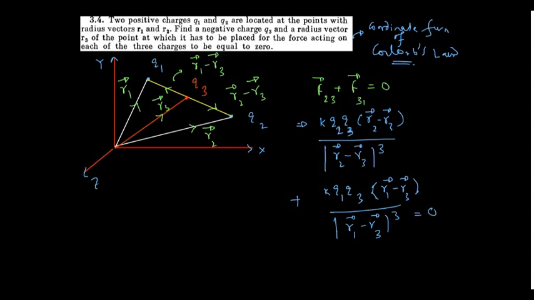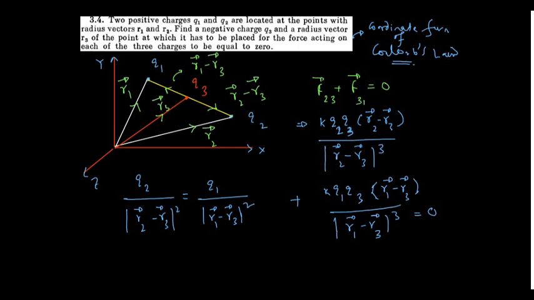So from here, the value that I will get is q2 divided by mod of r2 minus r3 whole square is equal to q1 divided by mod of r1 vector minus r3 vector whole square.